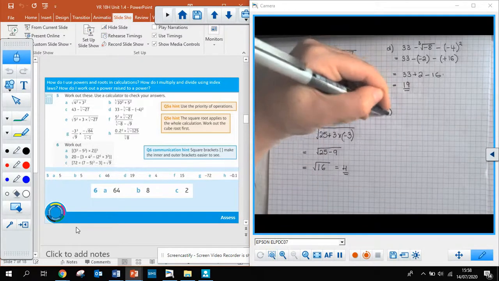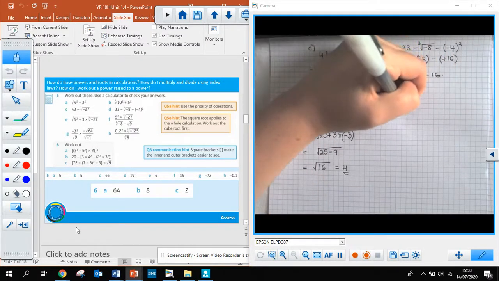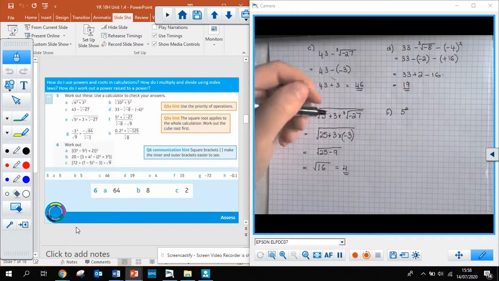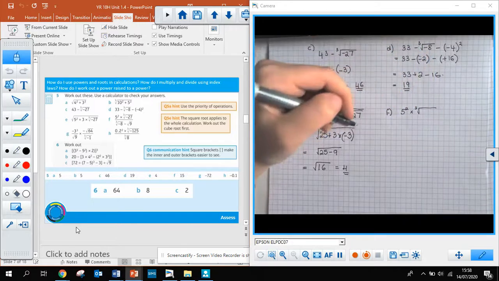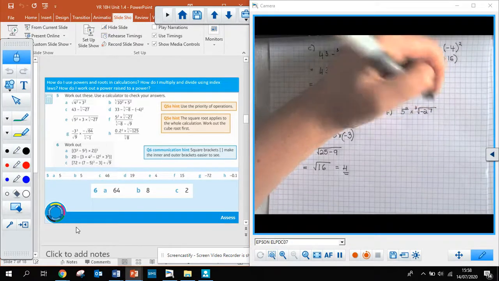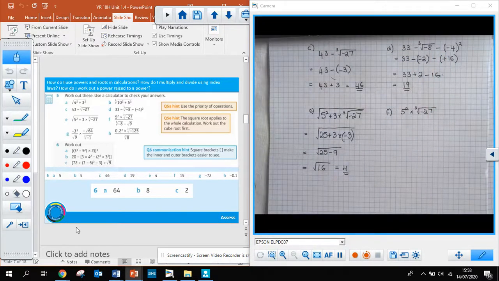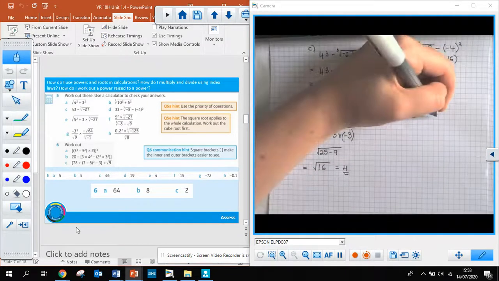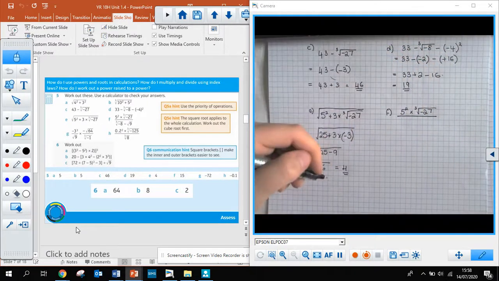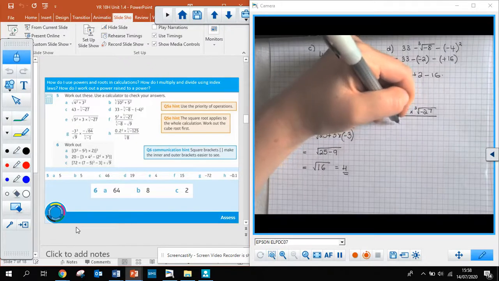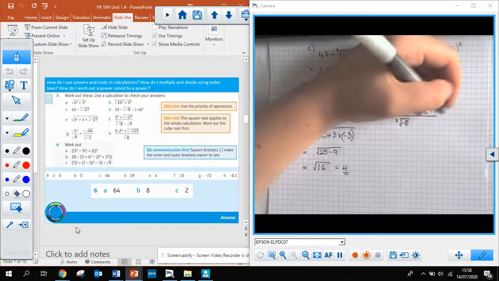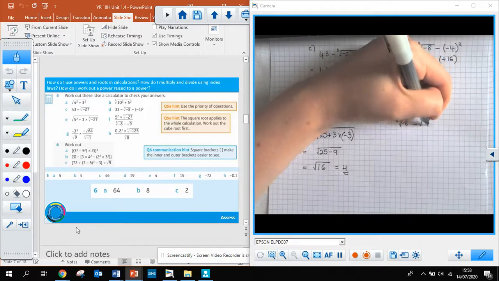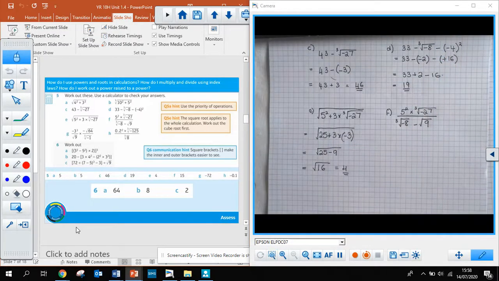Part F, we have 5 squared multiplied by the cube root of negative 27, and all the same things keep coming up over and over. So the cube root of negative 27 all over the cube root of negative 8 minus the square root of 9. Okay?